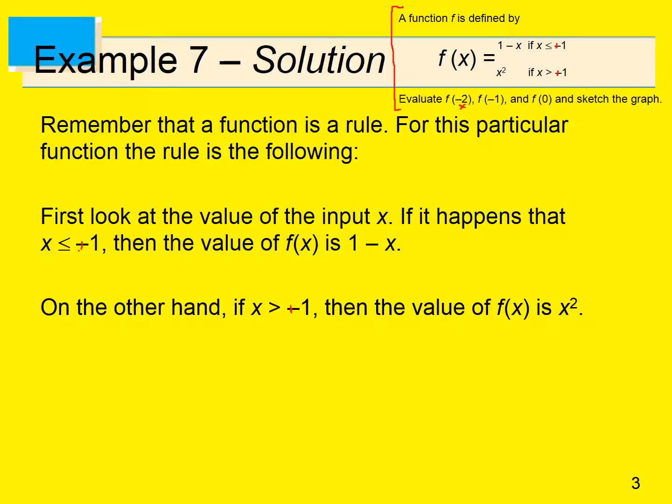Well, for x equals negative 2, that is less than or equal to 1. Because it's less than or equal to 1, negative 2 is less than or equal to 1.